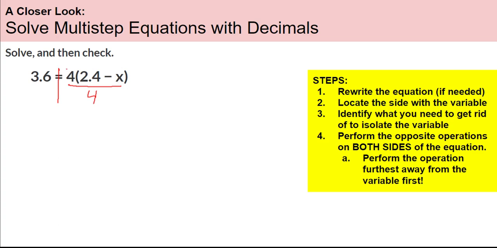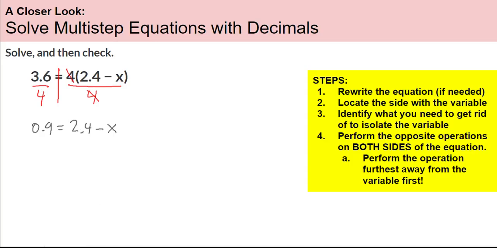The opposite of multiplying is dividing. And what I do to one side, I do to the other side. So 3.6 divided by 4 is 0.9, and that would equal 2.4 minus x. What are you going to do next? We need to get rid of this 2.4.